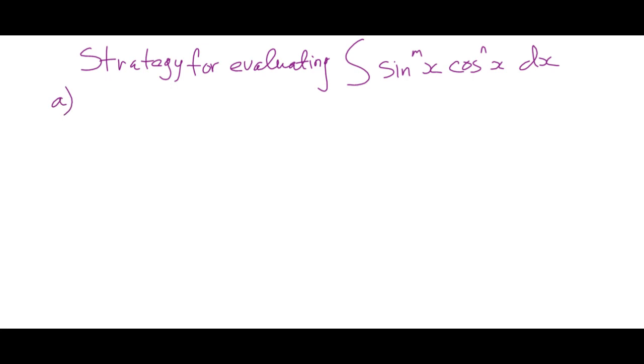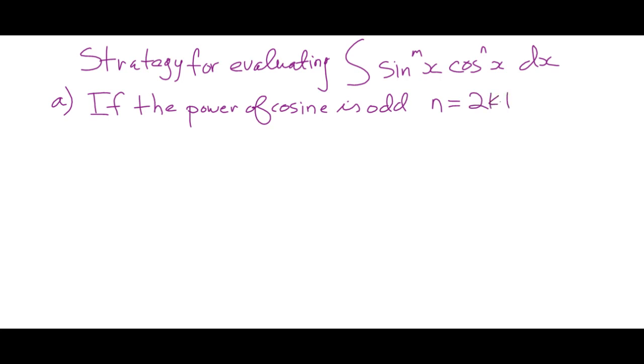Okay, three possibilities. If the power of cosine is odd, another way to say that is if n is equal to 2k plus 1. That makes an odd number, right? Take k as any number, double it, it's now even, add 1, it's now odd.